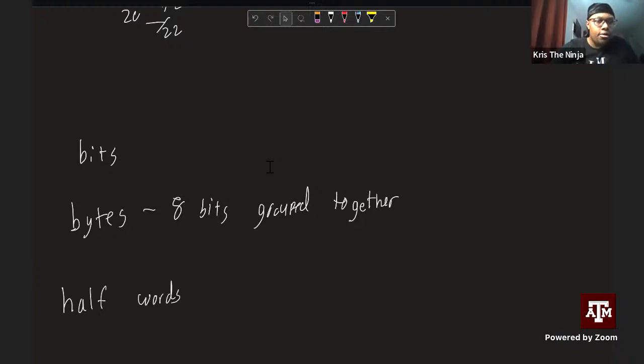Is a half word 8 bytes grouped together? I can't remember off the top of my head, but I know it's a thing. What is a half?